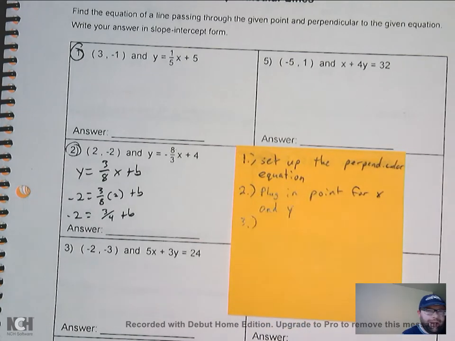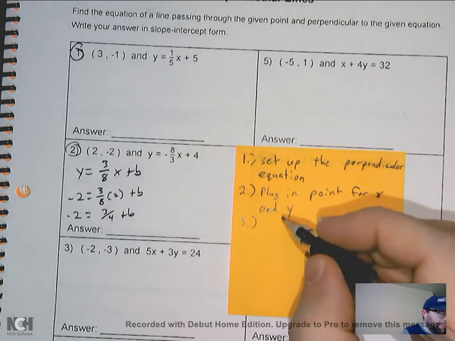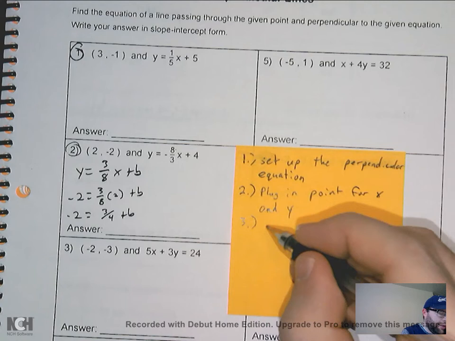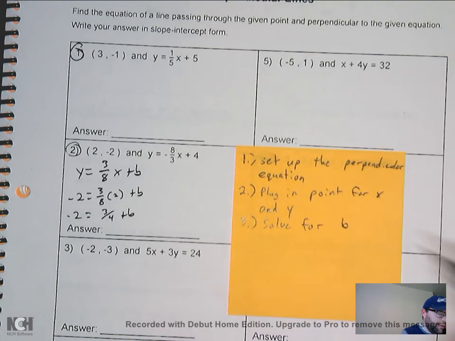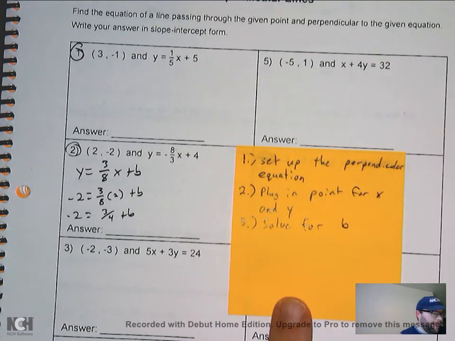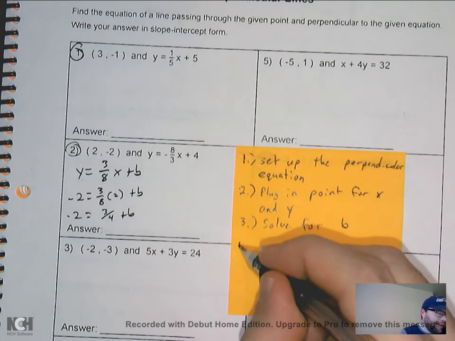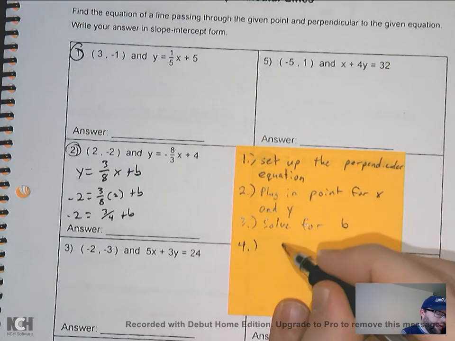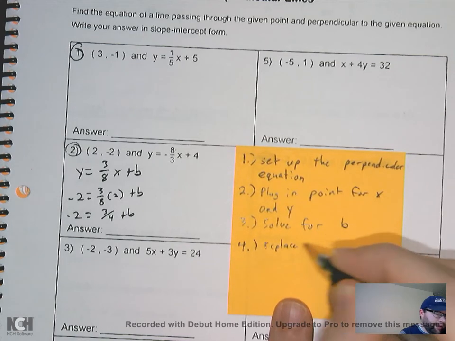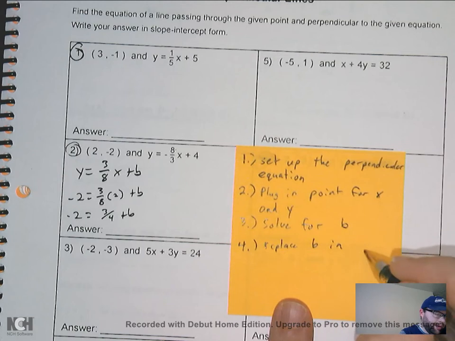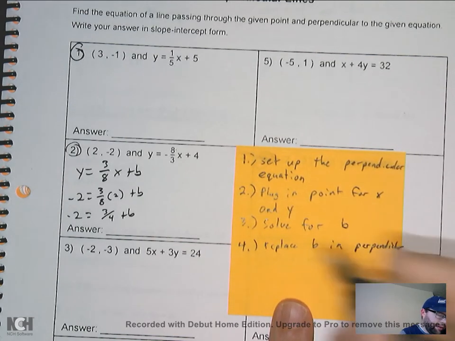Sorry, keep forgetting to put my steps. Next step is to solve for b. And then the last step will be to replace b in the perpendicular equation.